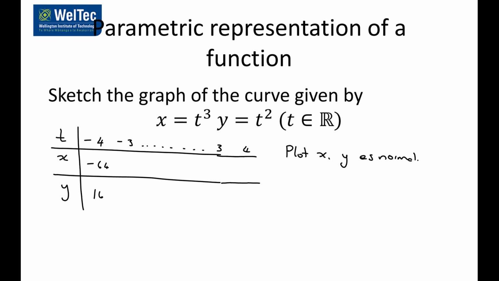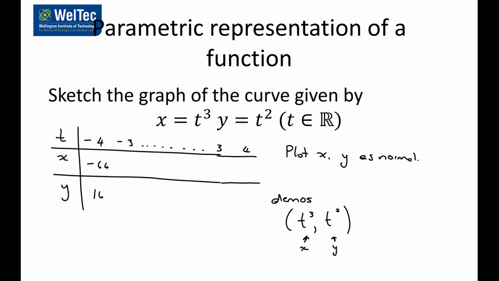Or you could use Desmos, which I've mentioned before. You could use the Desmos graphing calculator, in which case you just type in t cubed comma t squared, and this recognizes that that is the x coordinate and that is the y coordinate, and it will give you the graph.